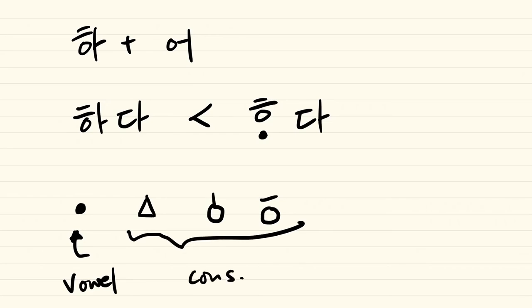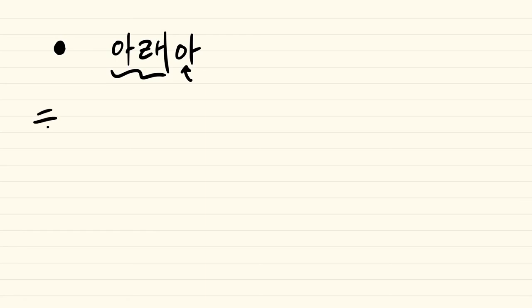And so let's look at this vowel that is just simply a dot. The Korean name for this is areya. That's not the original name, but are means below, and a is just kind of an approximation of its sound. So for example, compare ha, where the a is next to it, and then here is the areya, which is beneath the h.